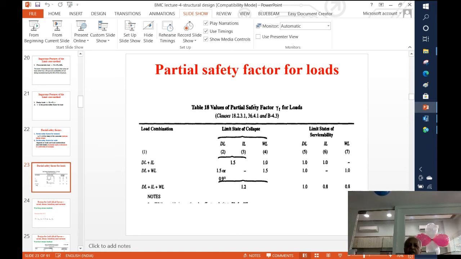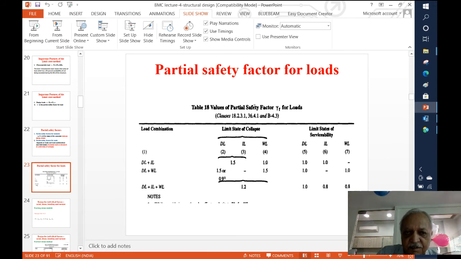So I will say that to design it, I need to know what is the material strength, what factor of safety is to be provided and so on. So I have got the partial safety factor in the limit state method, where we have partial safety factor for material strength, partial safety factor for loads. For loads we increase it, and for material we reduce it, as simple as that.